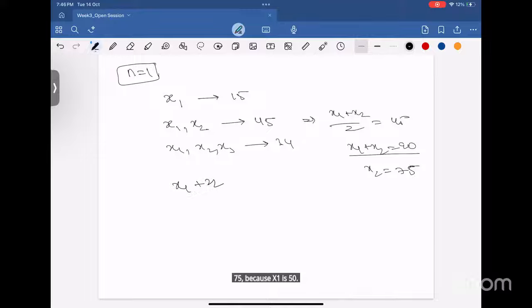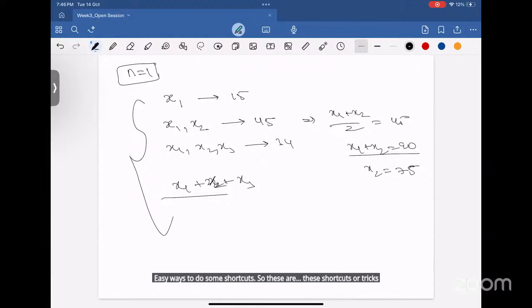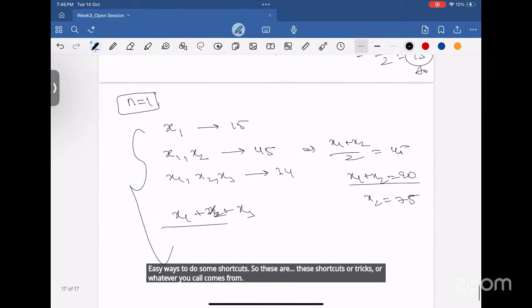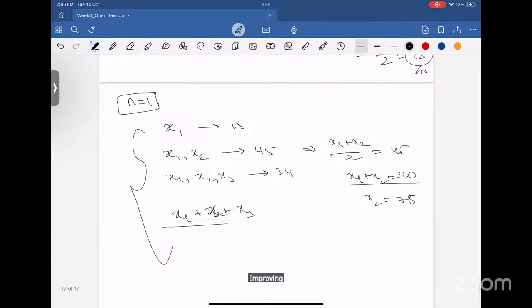And x1, x2, x3. So these are not the mathematical ways, okay, some easy ways to do, some shortcuts. These shortcuts or tricks or whatever you call them come from improving your critical thinking. And one best way to improve your critical thinking is to solve puzzles.